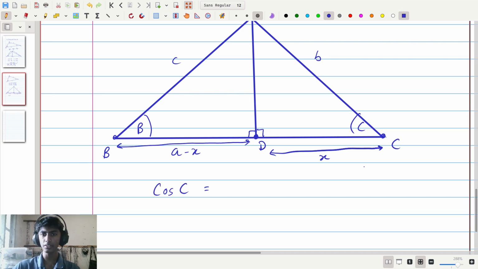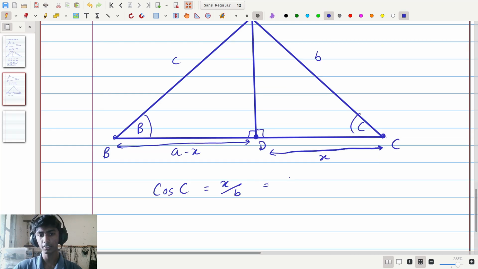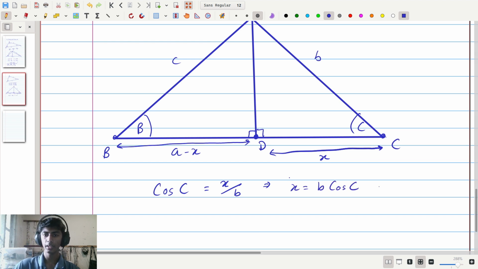Cosine of C is adjacent divided by hypotenuse. Adjacent is x, hypotenuse is b, so therefore cosine of C is x divided by b. Now from this we can get that x is equal to b times the cosine of C. Let's call this 1 and leave it for now.